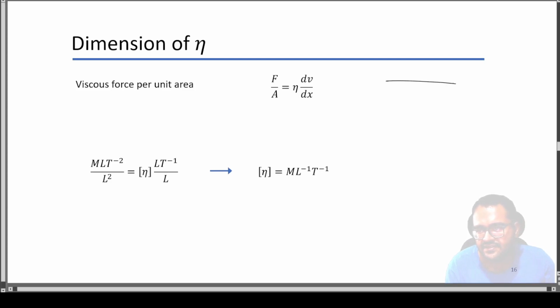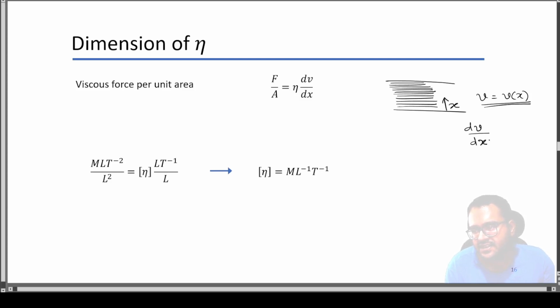If I just draw a diagram, if your liquid is flowing like this, so at a distance x, v is not a constant there, v is a function of x. So that's why this dV dx comes. This is called velocity gradient.